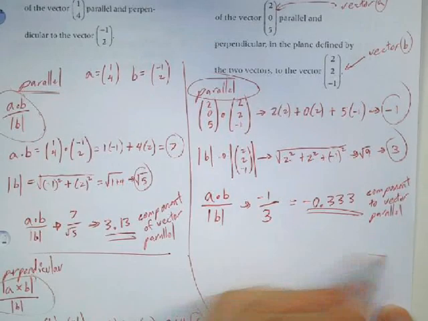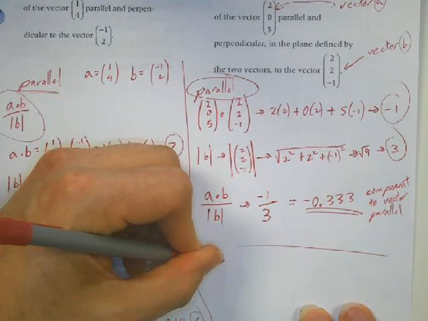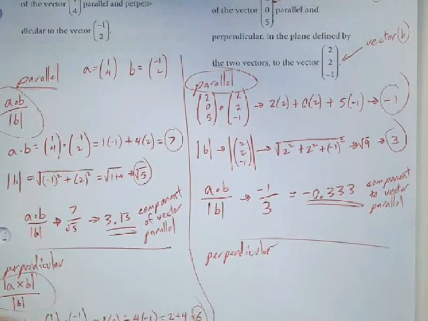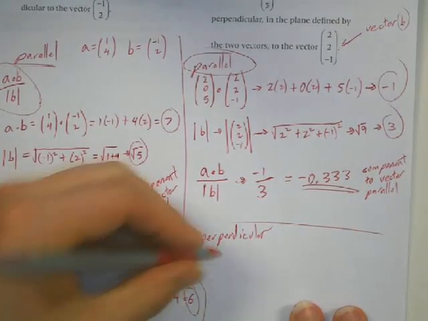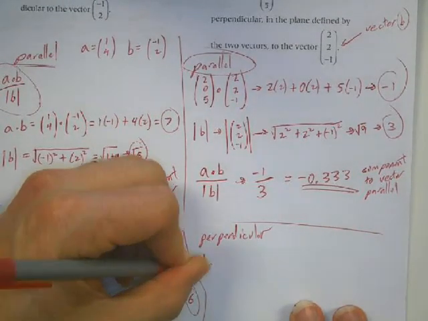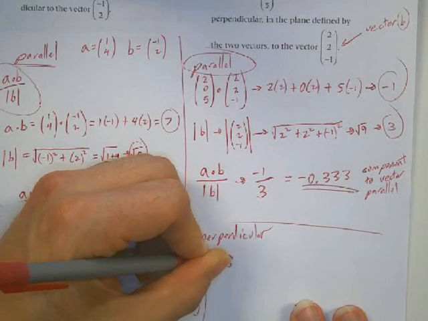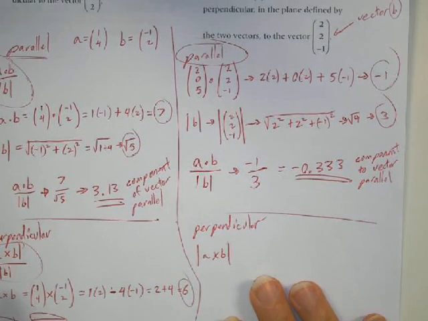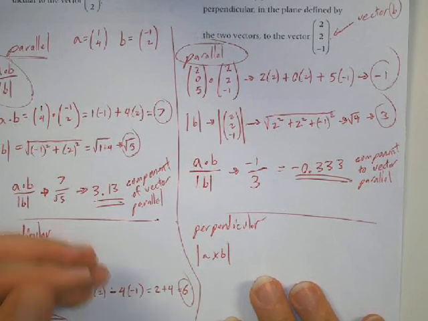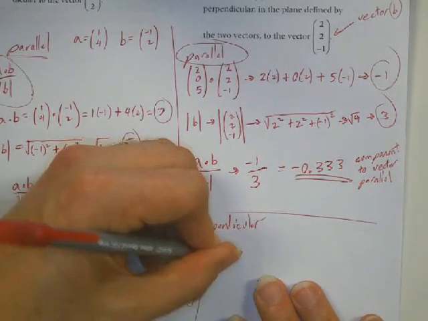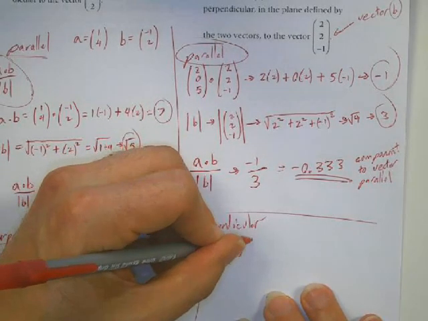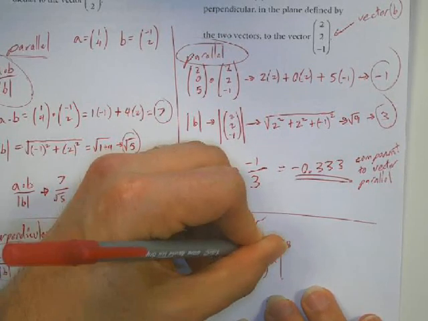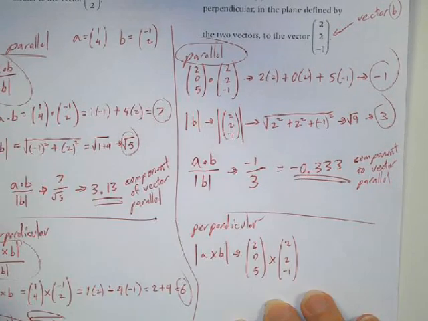Okay, perpendicular. For perpendicular, I need the cross product of A cross B. A cross B is 2, 0, 5 cross 2, 2, negative 1, right?